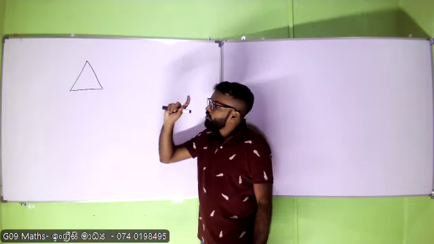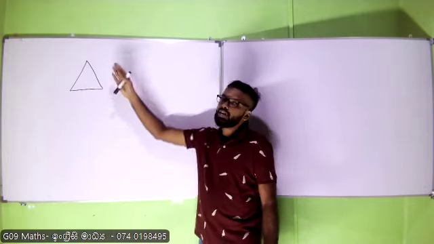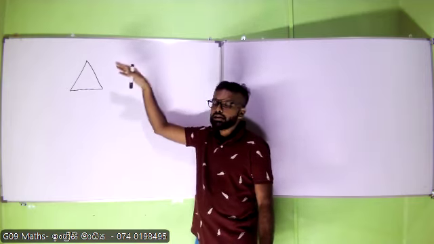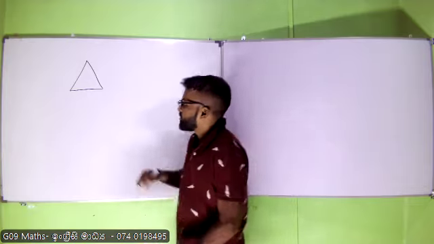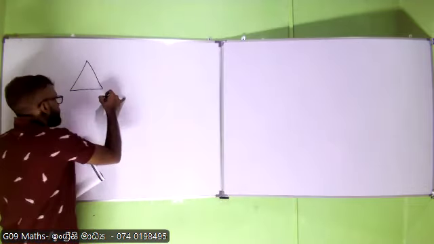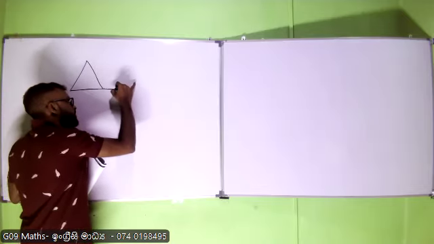We are going to produce each and every side so that it forms an exterior angle for this triangle. First of all, I will take this base and I will produce it up to somewhere around here.